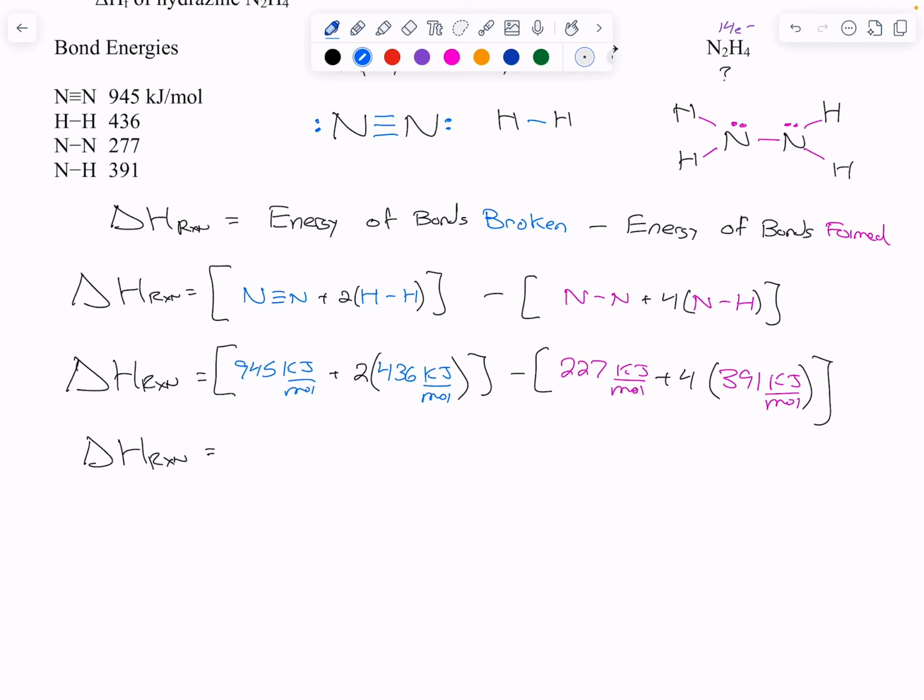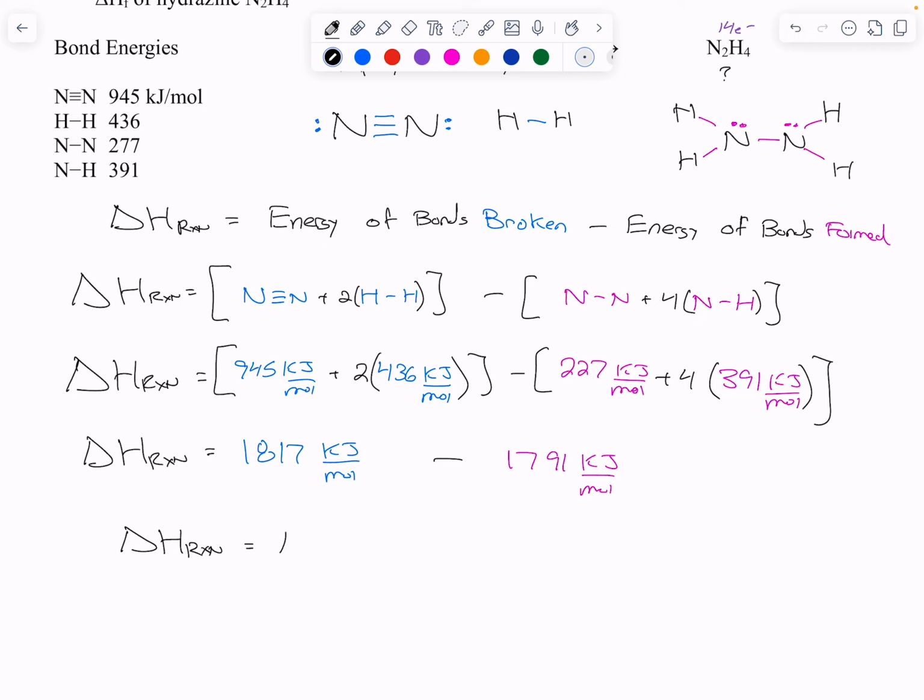I got 1817 in blue. Minus, in pink, I get 227 plus 4 times 391. I get 1791 kilojoules per mole.